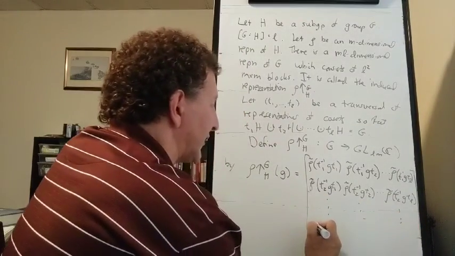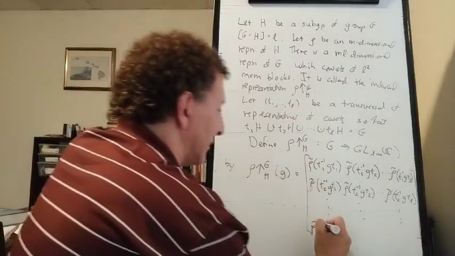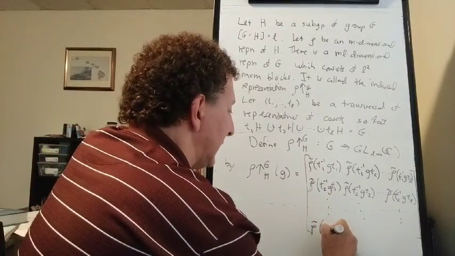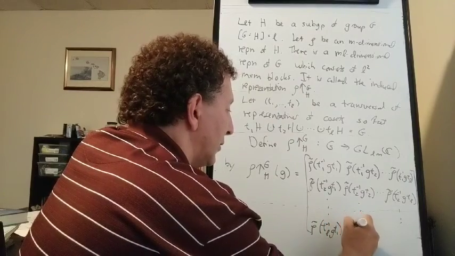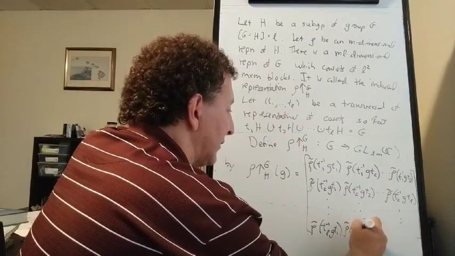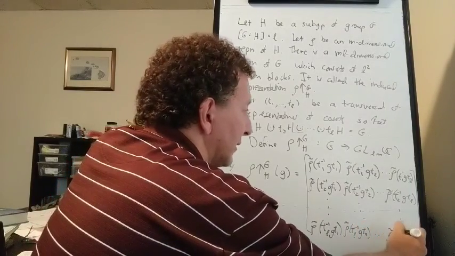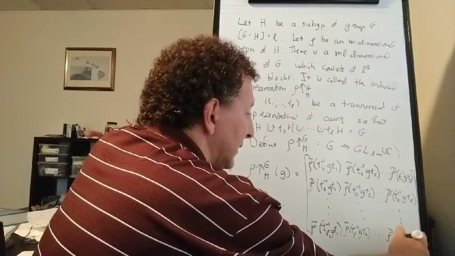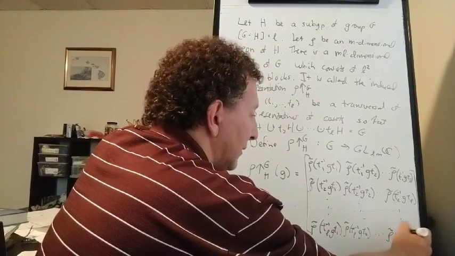And finally, the last block row looks like rho tilde, I'll tell you what the tilde is in a second, TL inverse g T1, rho tilde TL inverse g T2, and finally rho tilde TL inverse g TL.